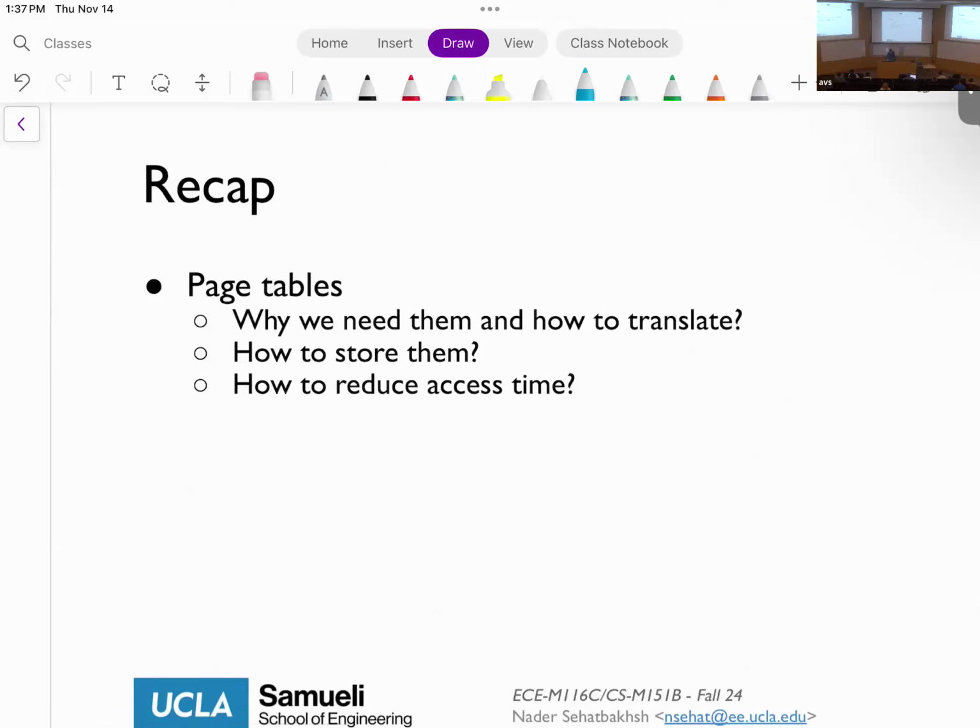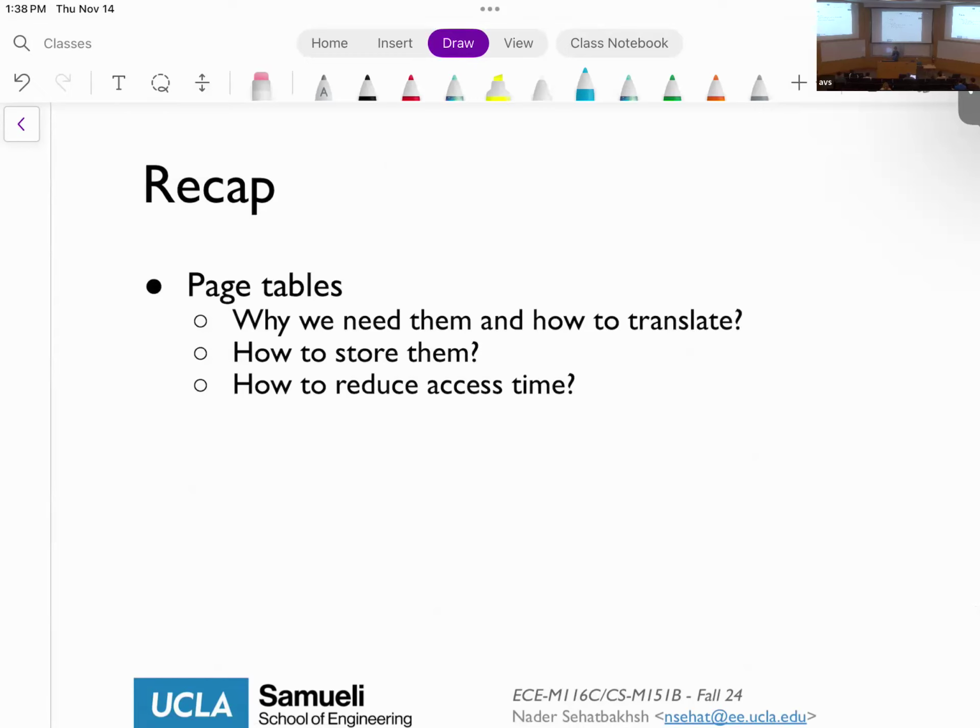All right, so recap. Page tables: we need them because we want dynamic addressing. We want to be able to add and remove programs, and we want each program to grow independently and be written independently. They assume to have all the addresses unique and private. That's when we need virtual addresses, and we need to translate virtual addresses to physical addresses. In order to do this translation, we need what we call a page table.